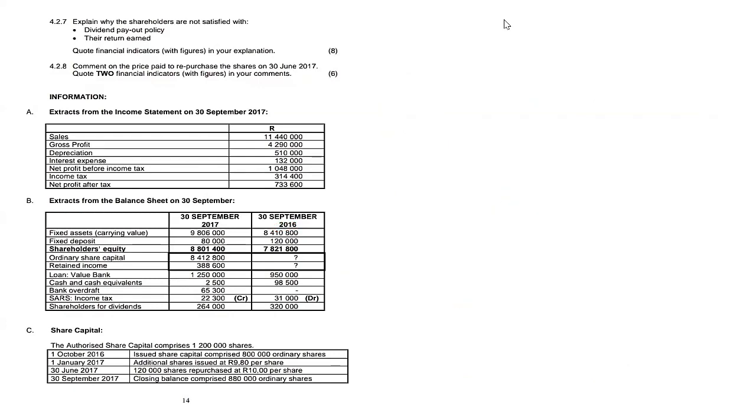Right. Our next question was for us to get our change in fixed deposit. So fixed deposit, it depends whether it increases or it decreases. So now let me write this first. It's going to be increase and decrease.